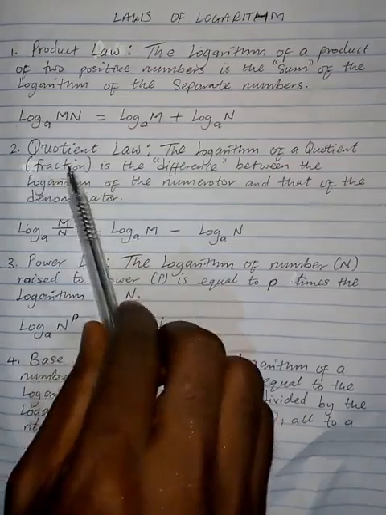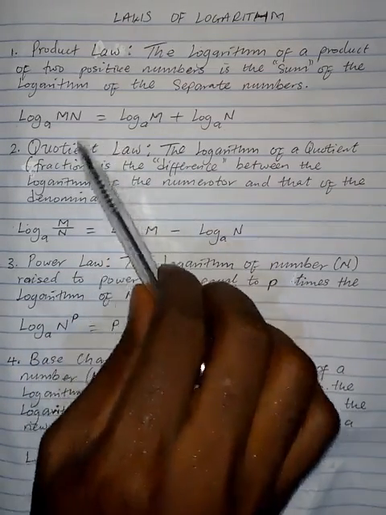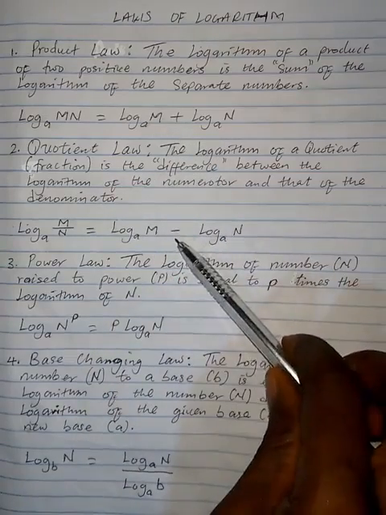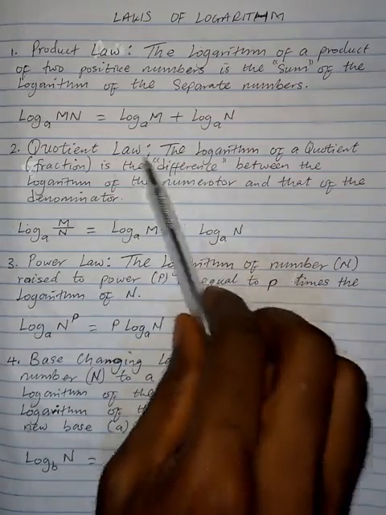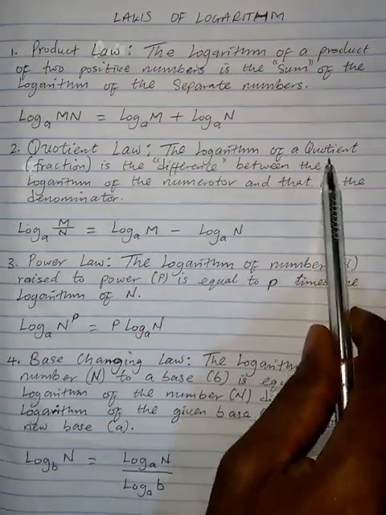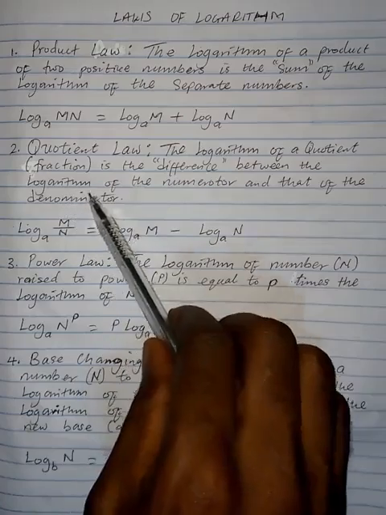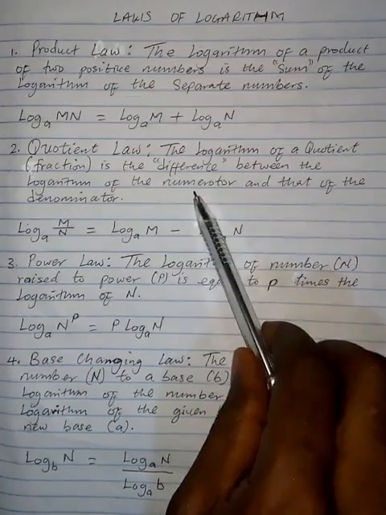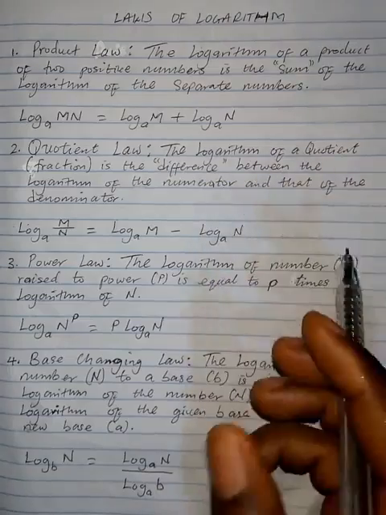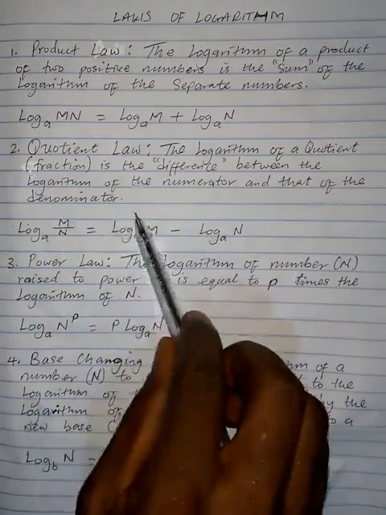For the quotient law, the difference between it and the product rule is that instead of plus, we now have minus. So the quotient law says that the logarithm of a quotient, a fraction, is the difference between the logarithm of the numerator and that of the denominator.